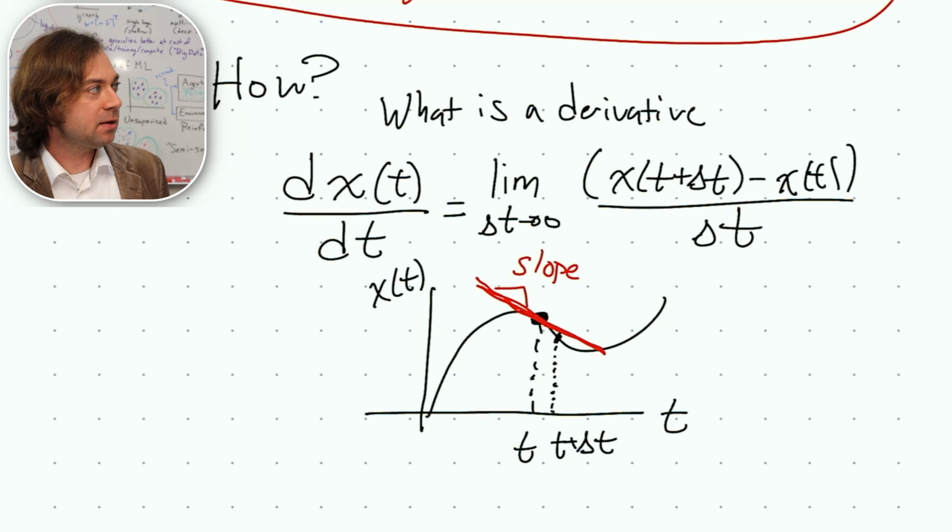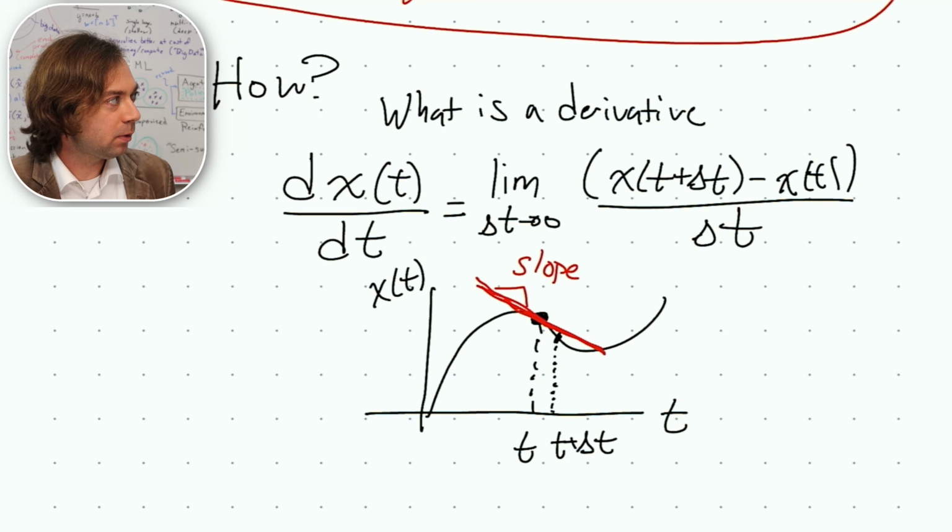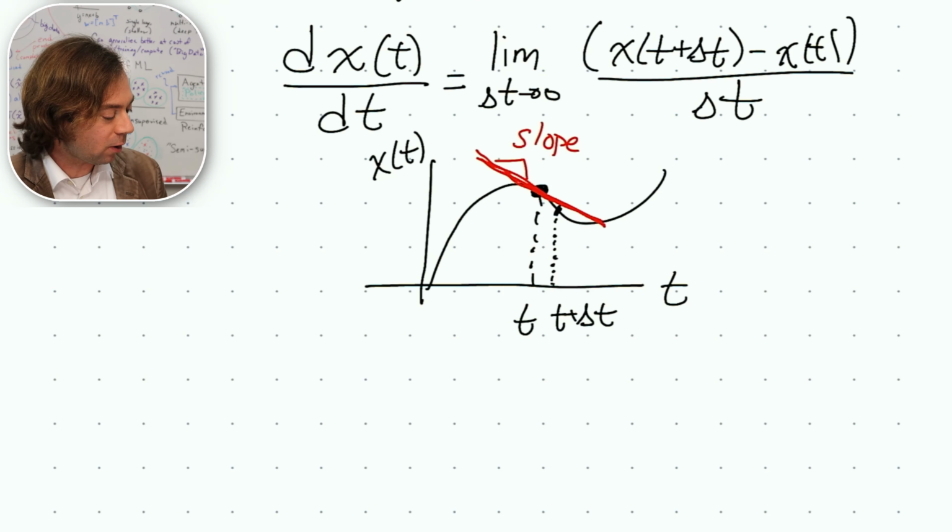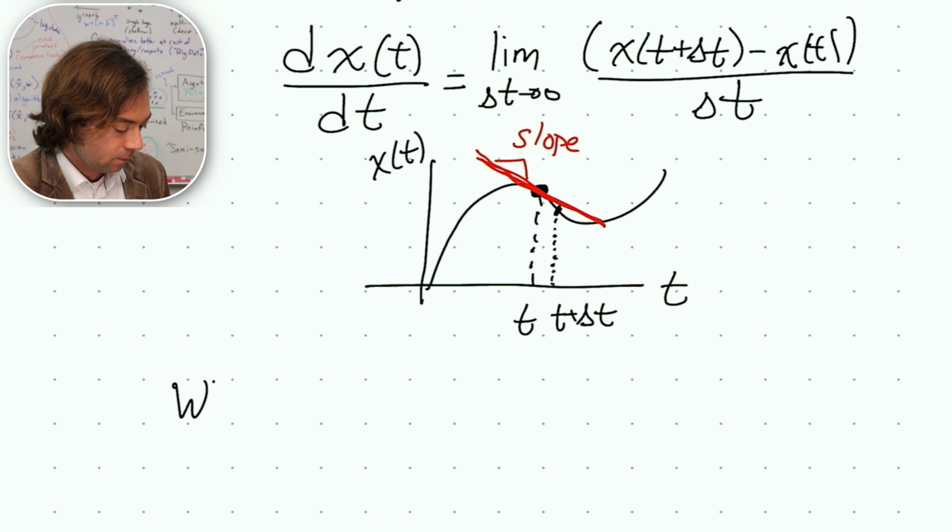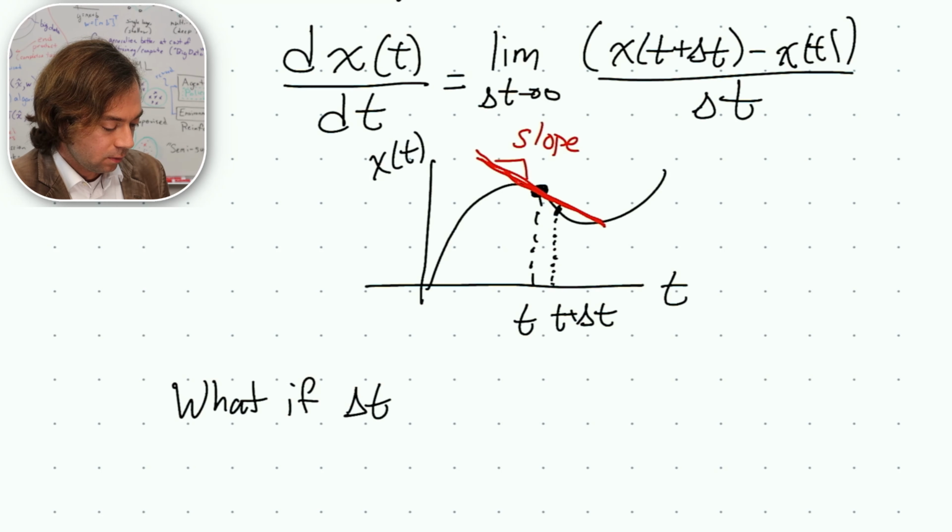But what if it wasn't literally going to 0, but instead was super small? What if delta t is really small?